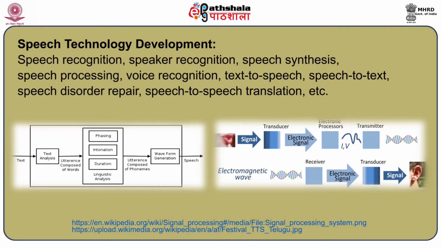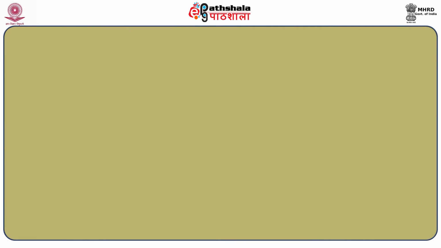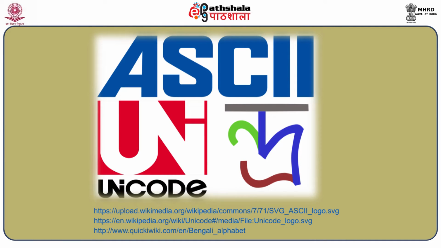Now I would go a little bit in a different way. We'll try to see, in the case of font technology, what we need to do. So far, for many of the Indian languages, we have developed ASCII to ISCII, and ISCII to Unicode systems.